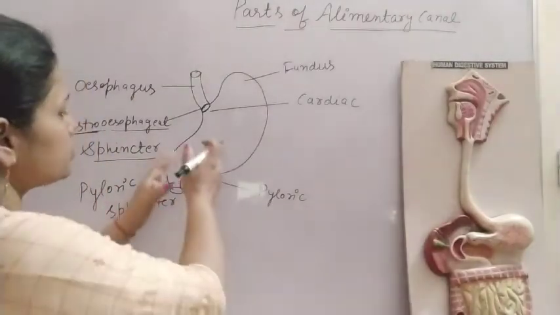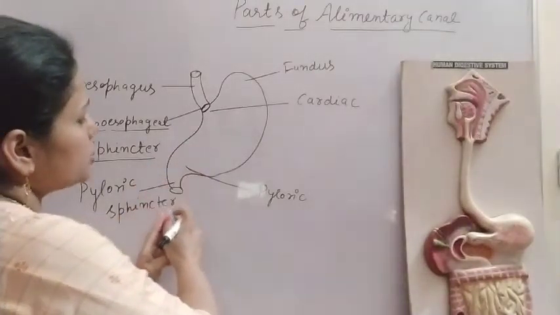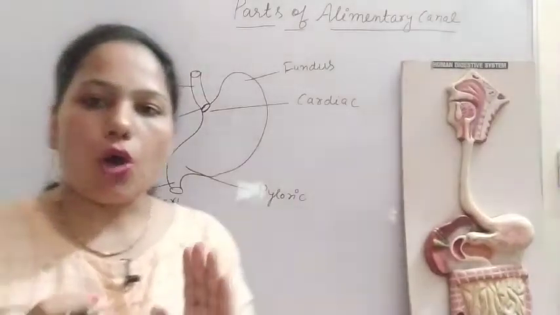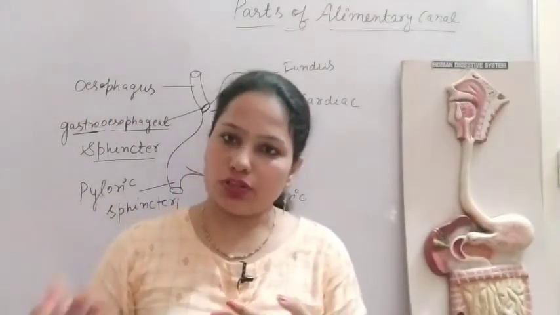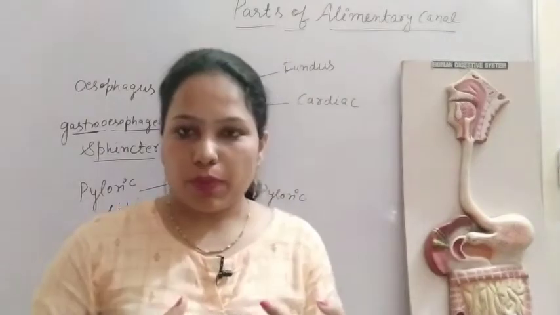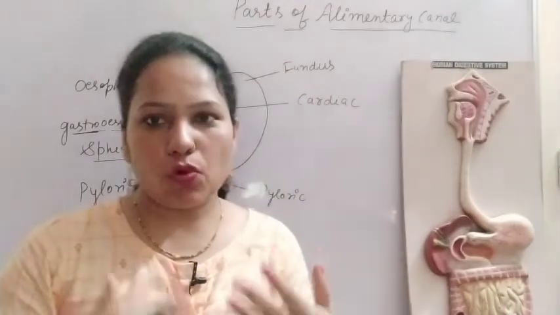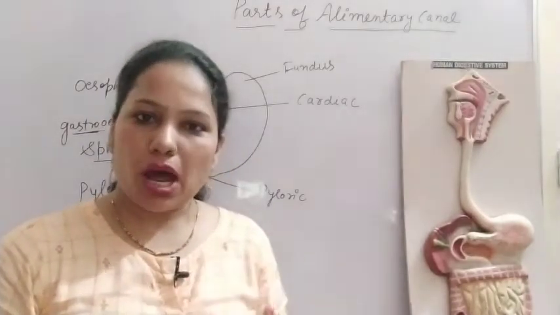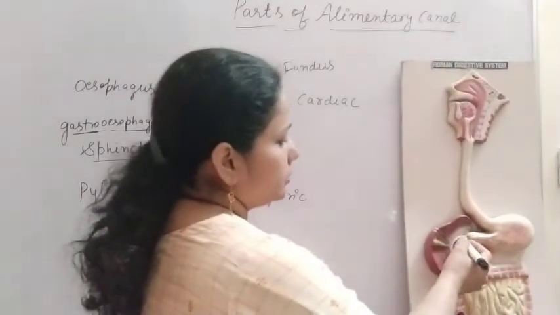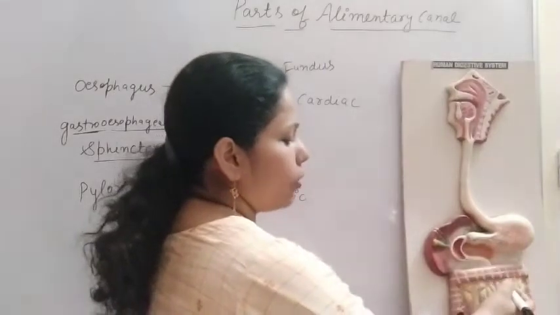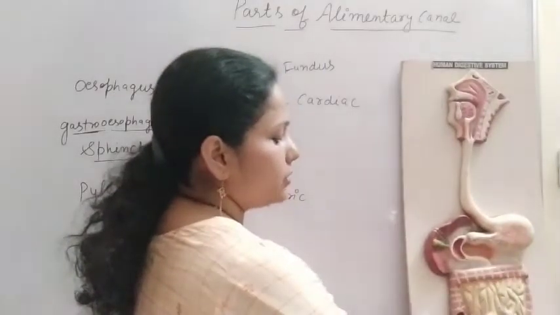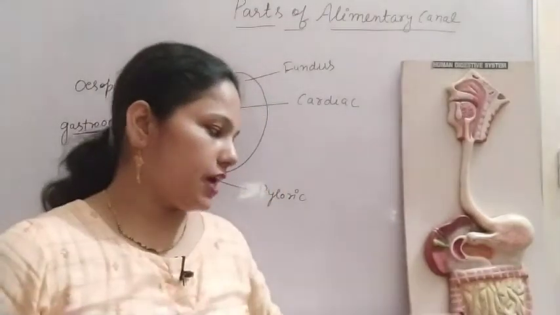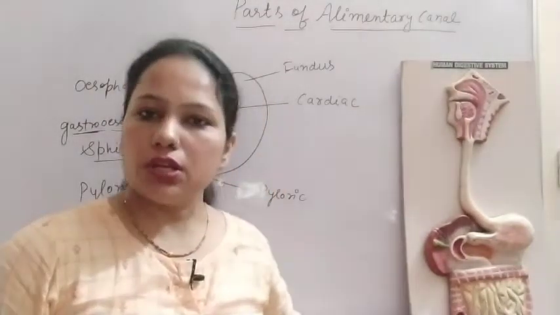After that, the stomach opens into a C-shaped structure, and that C-shaped structure of the small intestine is known as the duodenum. The next part is the small intestine, and the small intestine has three parts. What are the three parts? The first part is the duodenum, then the highly coiled part, the jejunum, and the part which is attached to the large intestine, known as the ileum.